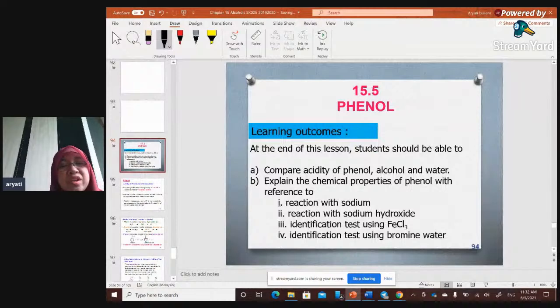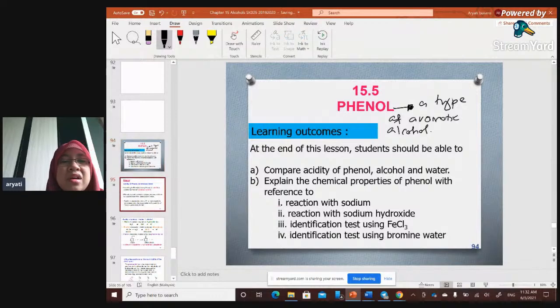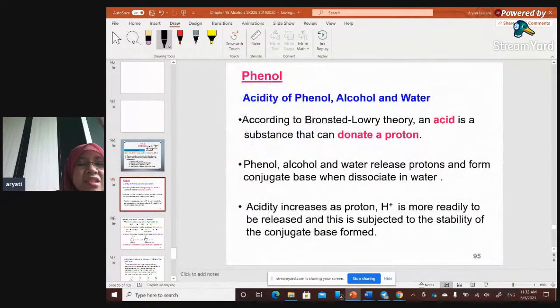Okay, so phenol is a type of aromatic alcohol. Okay, so tadi dia dah cerita pasal acidity.